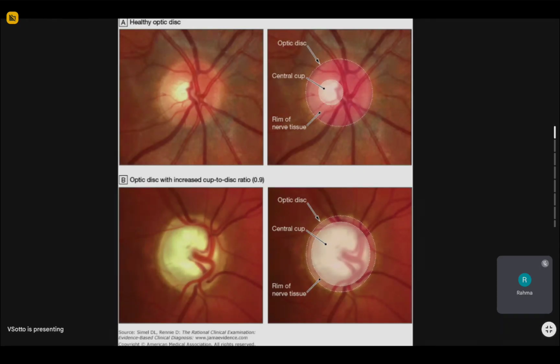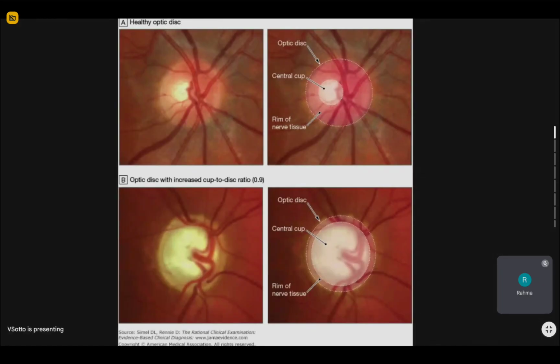For describing a healthy optic disc, this is your central cup, the one at the center of the round disc. You can imagine a cup and a saucer. The saucer, the one that's holding the cup, is the disc, and the central cup is the center, and then the rim of nerve tissue is the one in between.